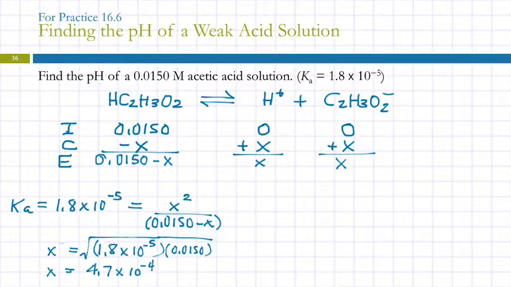Yes? Oh, okay. Let's see what I did. Oh, I did 1.5 times 10 to the minus 5. That would be a problem. Let's fix that. Thank you. Yeah, how about 5.2 times 10 to the minus 4?